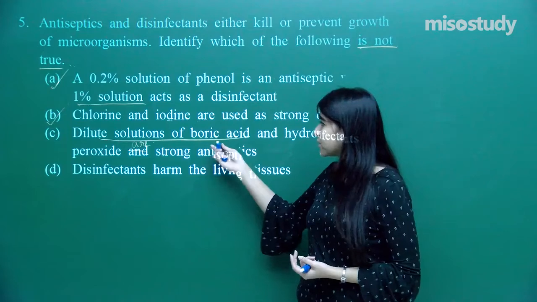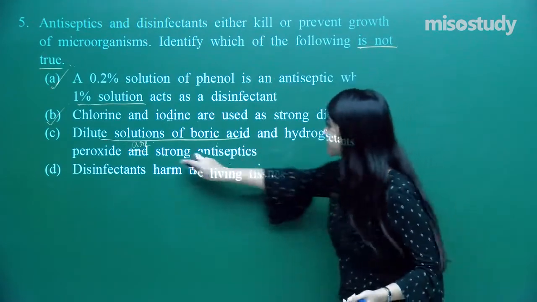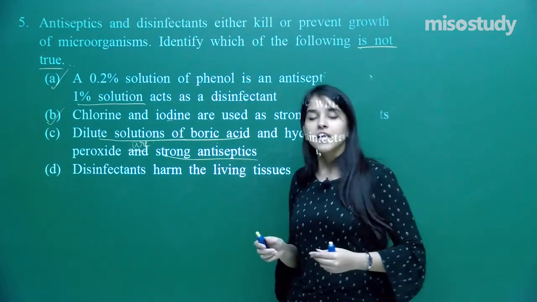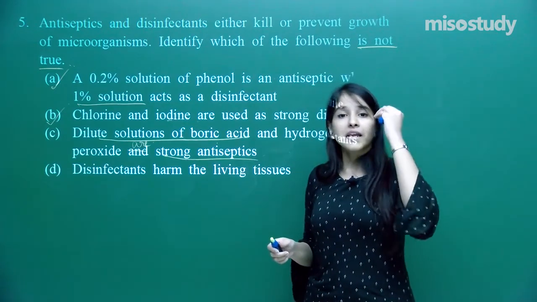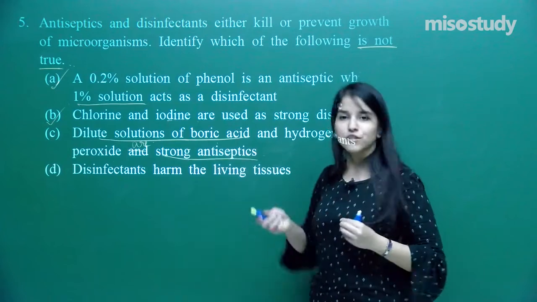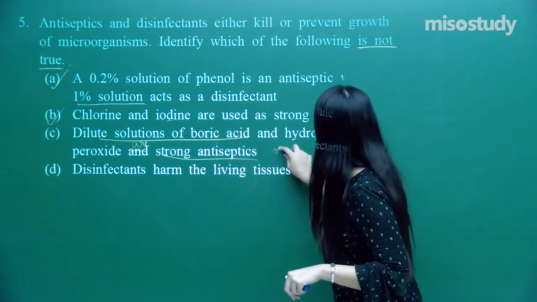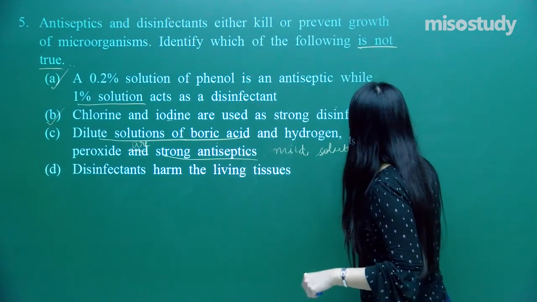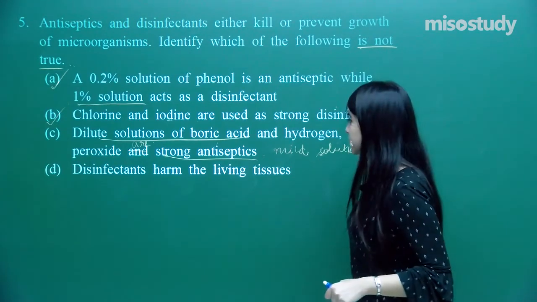That means it must be a very sensitive solution. So how can I say it is a strong antiseptic? It is a super mild antiseptic. In order to cause less harm to our eyes, these solutions are taken up. So these are mild antiseptics, not the strong ones.